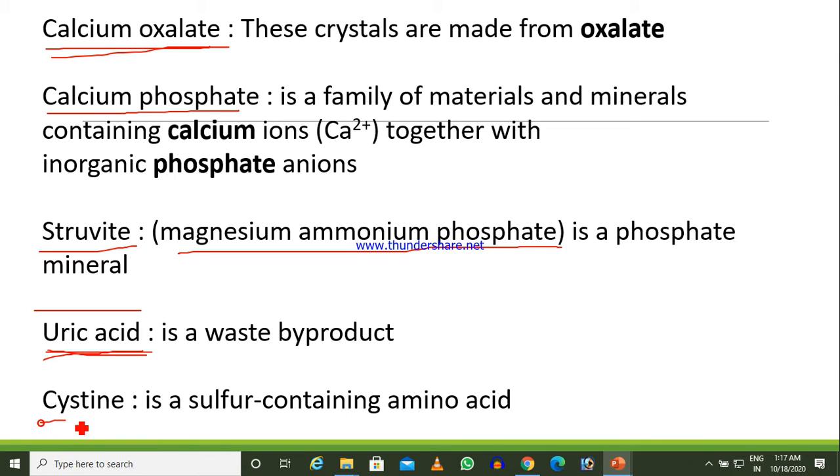Cystine is a sulfur containing amino acid. It is also a kind of byproduct from excess protein. So these are the conventional renal stones. They will form from these substrates: calcium oxalate, calcium phosphate, struvite, that is magnesium ammonium phosphate, uric acid, or cystine.